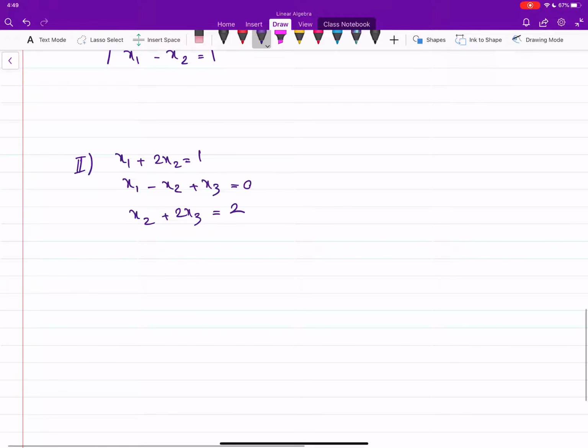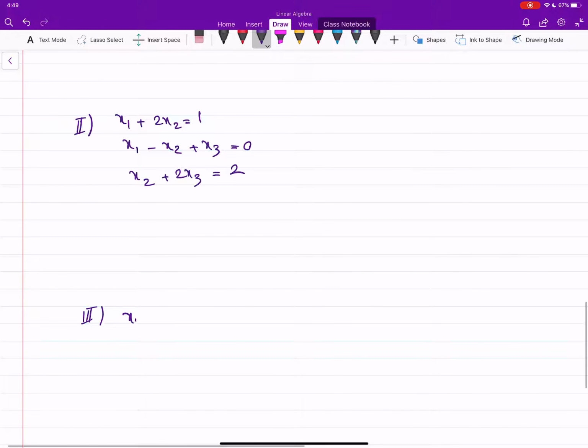And the last one can be like x1 plus x2 plus x3 plus x4 plus x5 is equal to 5, and x1 minus x2 plus x4 minus x5 is equal to 2.